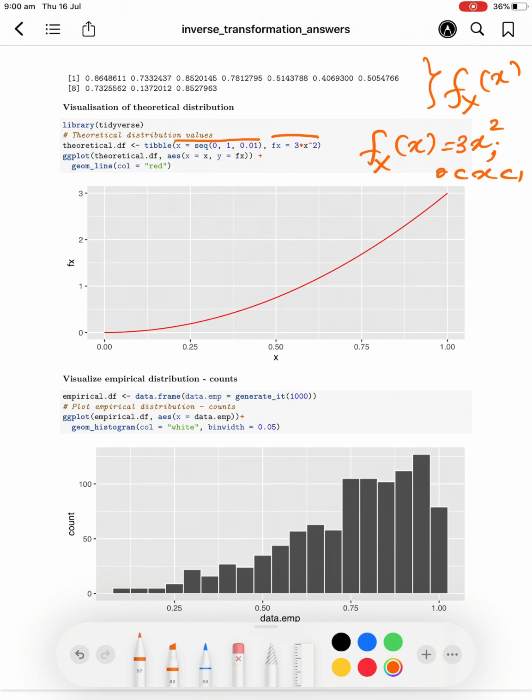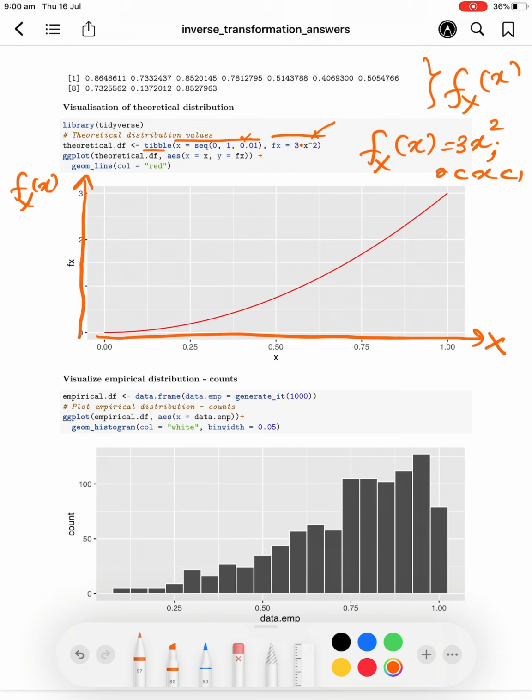Then I generate corresponding f(x) values. So here we have x values, here we have f_X(x) values, which is equal to 3 multiplied by x squared.